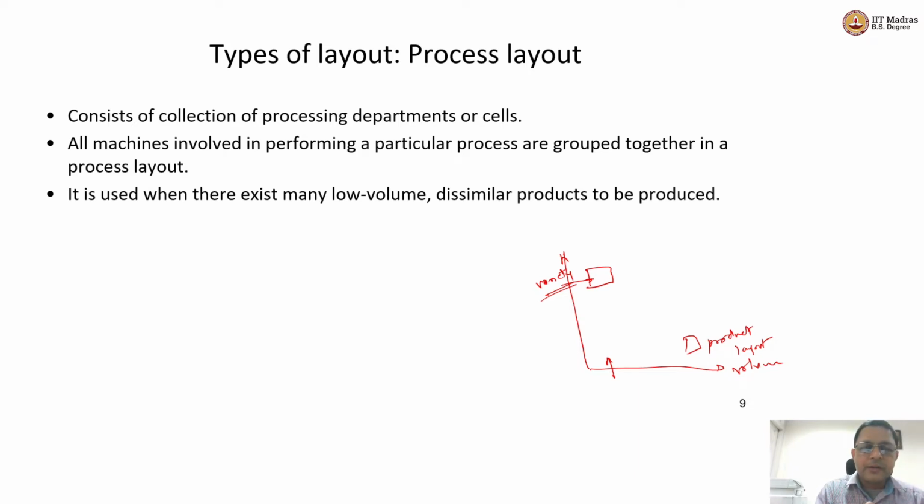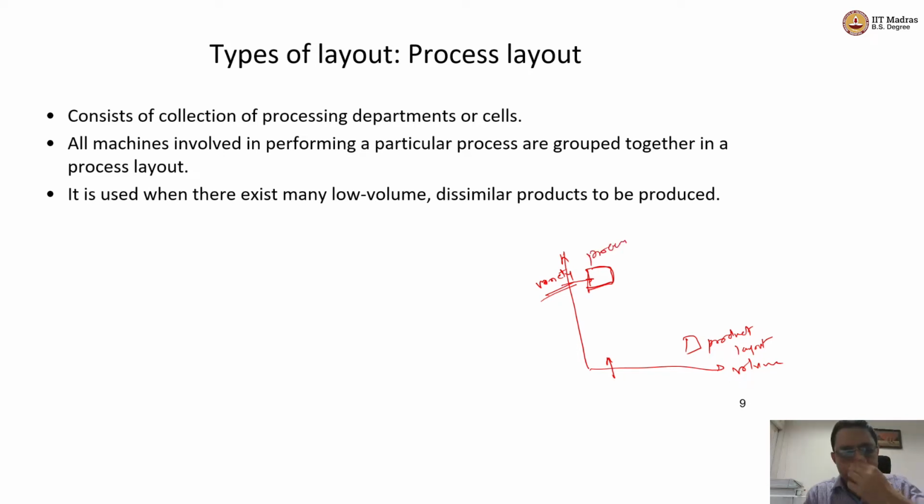Very low probability. So the volumes in each variety are quite low. This is an example of very high variety, because students choose their own path of which electives to credit and in which department. But the students of similar type are few, and therefore they go for process layout.